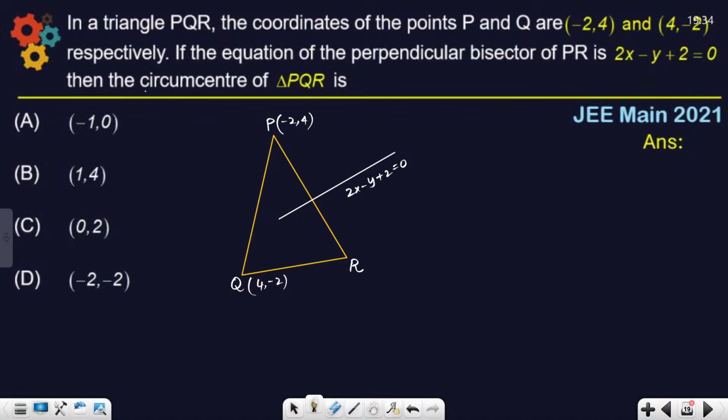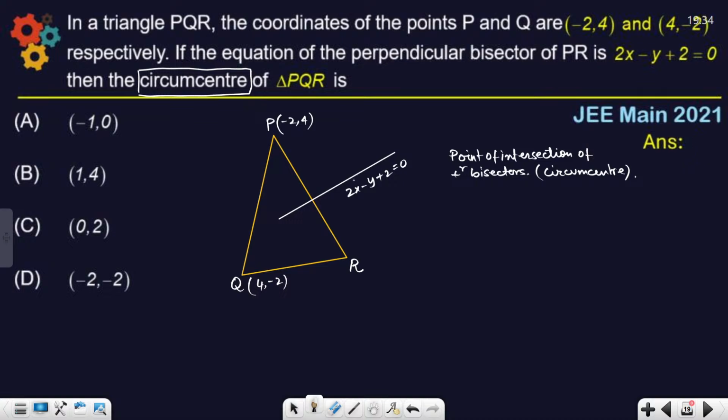First of all, you have to know how we get the circumcenter of any triangle. What is circumcenter? It is the point of intersection of perpendicular bisectors. Yes or no?